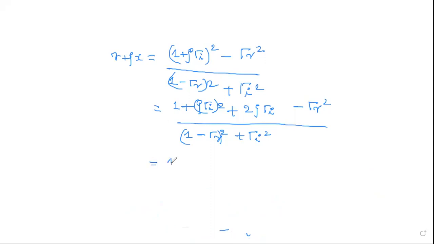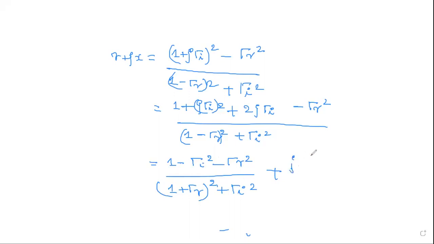So this equation will be 1 minus gamma I square minus gamma R square, writing the real terms together, divided by (1 minus gamma R) whole square plus gamma I square. Again, plus the imaginary term that we have, that is j 2 times gamma I divided by (1 minus gamma R) whole square plus gamma I square.